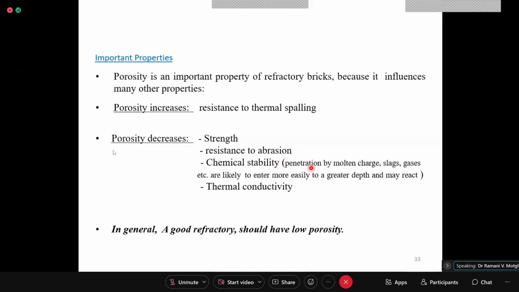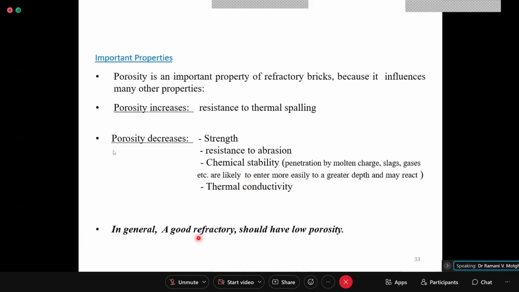Regarding chemical stability, penetration of molten charge, slags, gases, etc., are likely to enter more easily to a greater depth and may react. Mostly it is seen that the material is left behind, and then due to contraction and expansion, thermal spalling takes place.